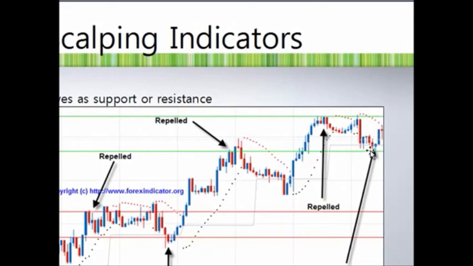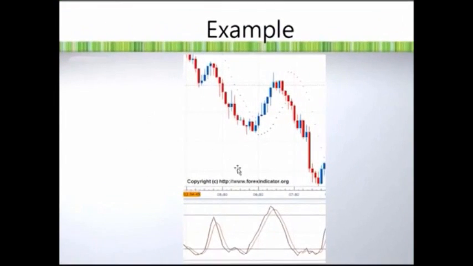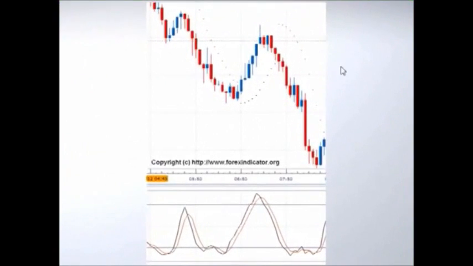Now we are going to combine all these three indicators to form a scalping strategy. Let's take a look at this trading example. We have a picture here, and you can see that we have a parabolic SAR, a slow stochastic indicator, and a pivot point.